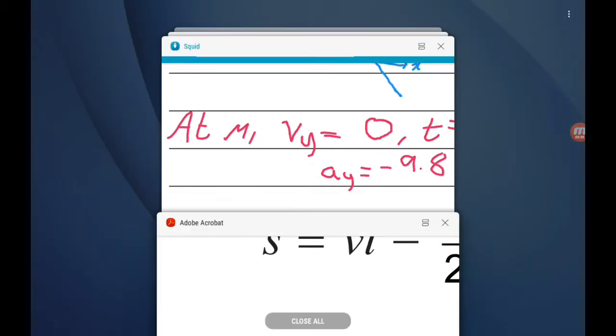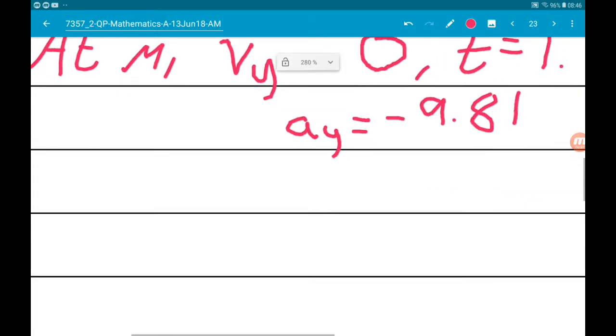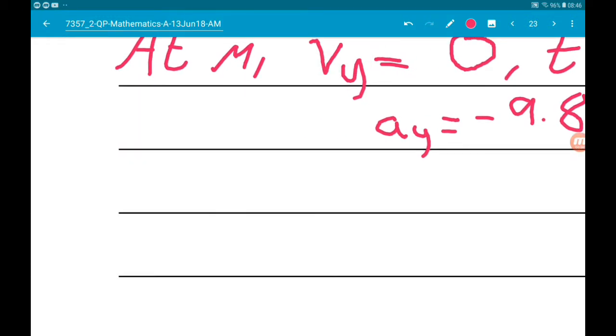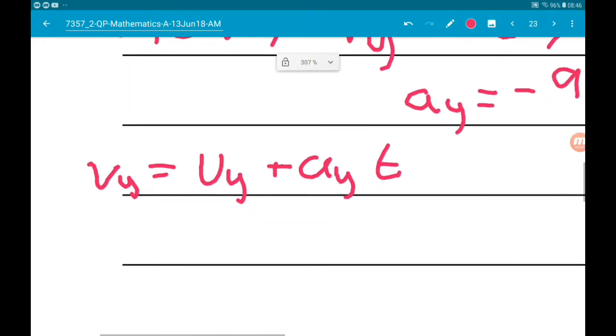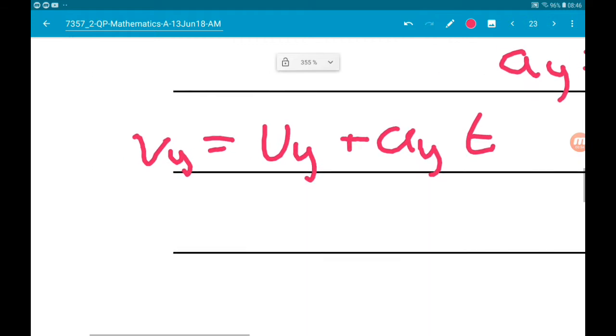So we know then that v_y is u_y plus a_y times t. Now at M, v_y is equal to 0.